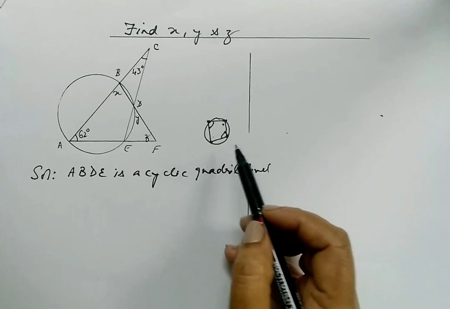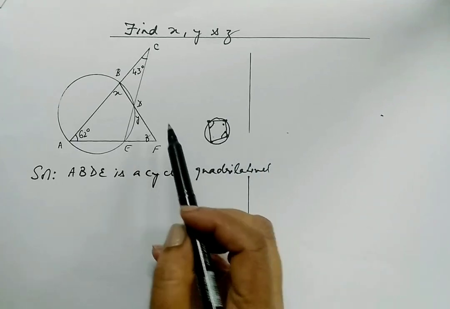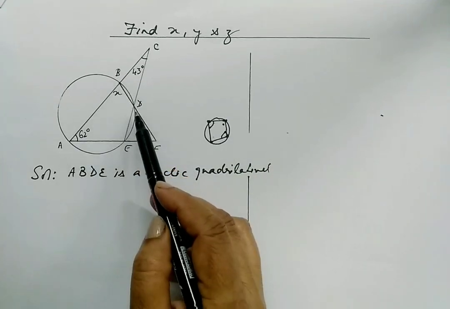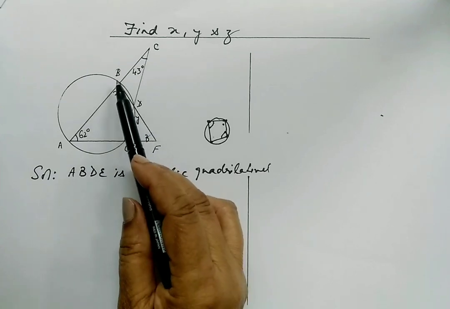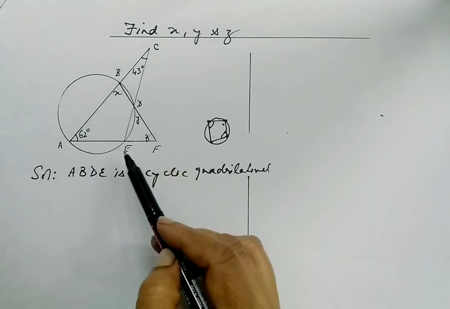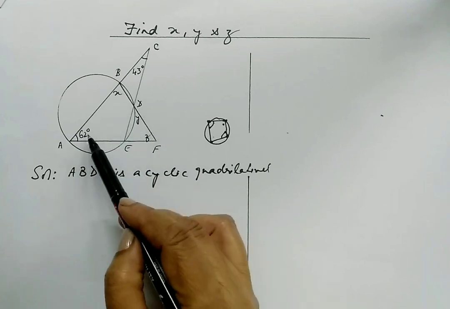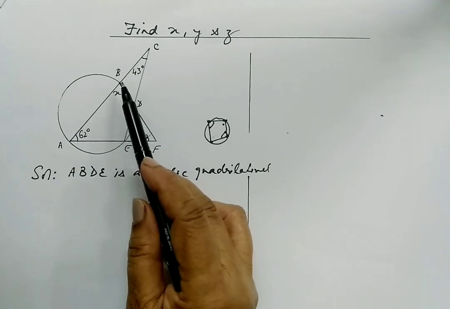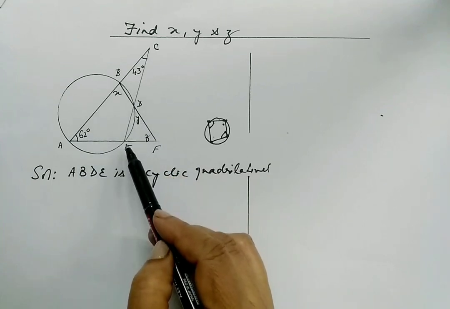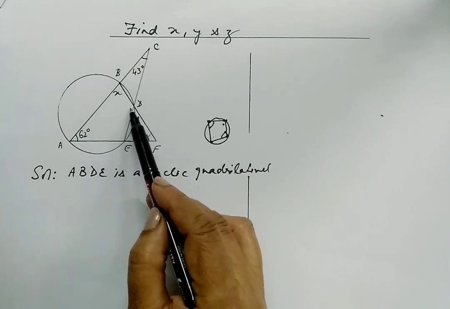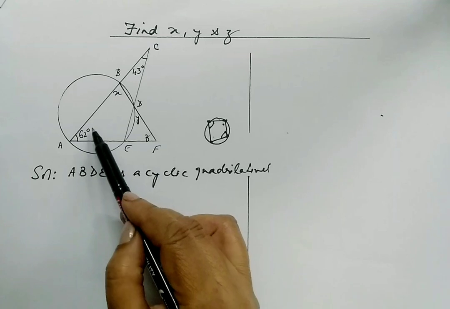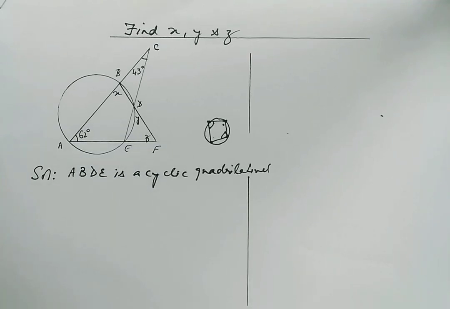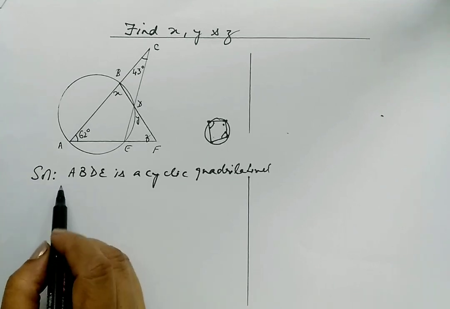So using this concept, what do we see is that angle BDE and angle BAE happen to be opposite to each other, which means angle BDE must be equal to what? 180 degrees minus 62 degrees. Alright. So first we need to write down the steps.